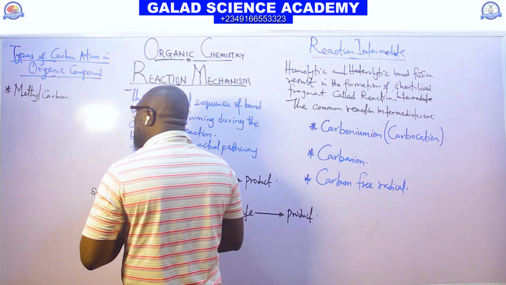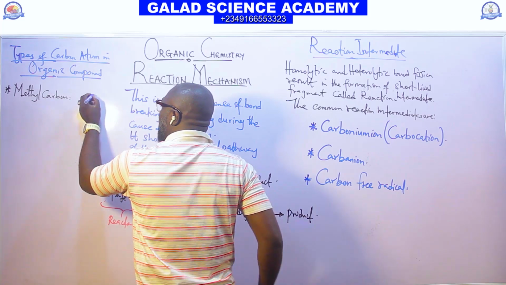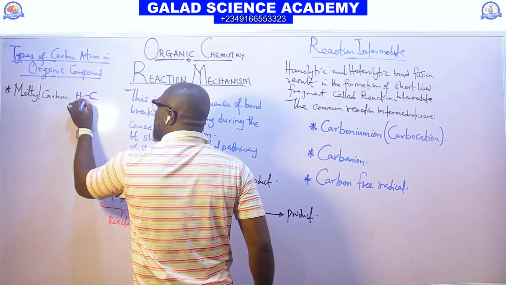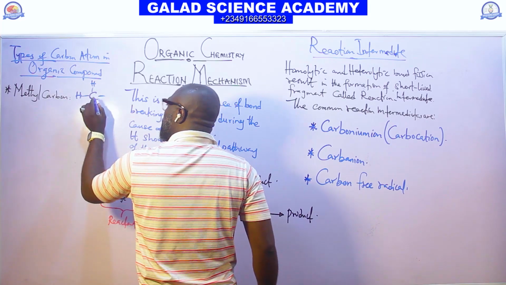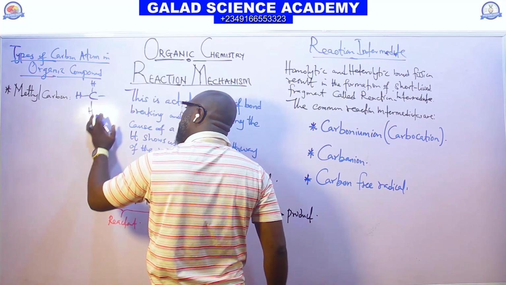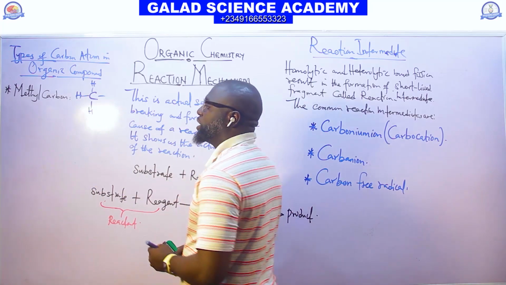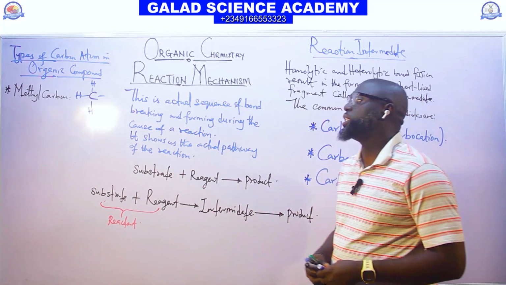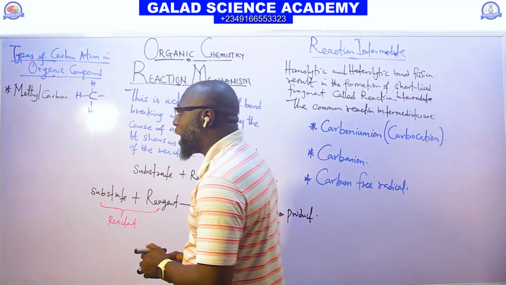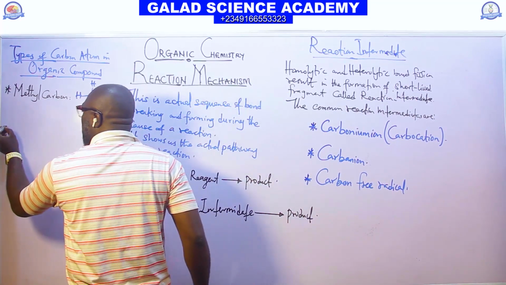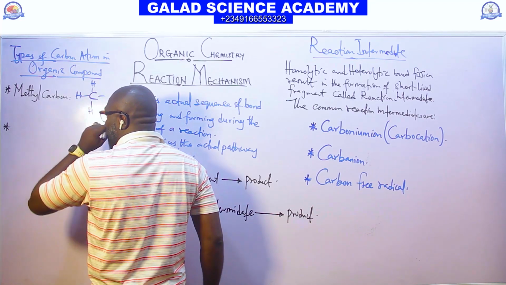You have a carbon with hydrogen, hydrogen, hydrogen. So any carbon atom that has three hydrogens, what do we call it? Methyl carbon.